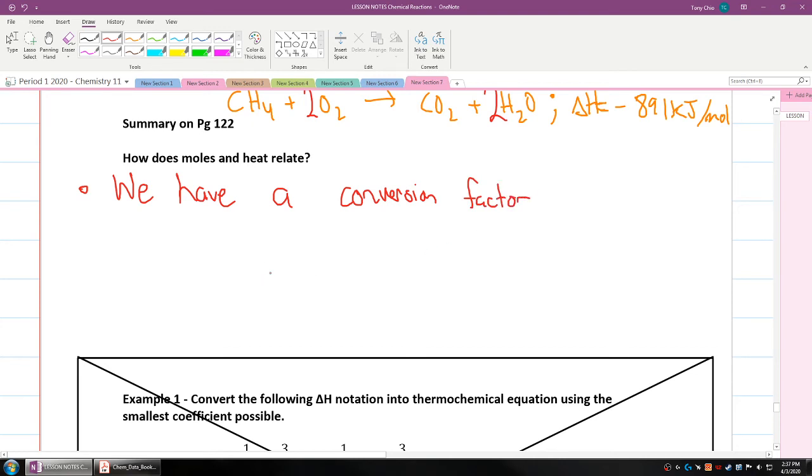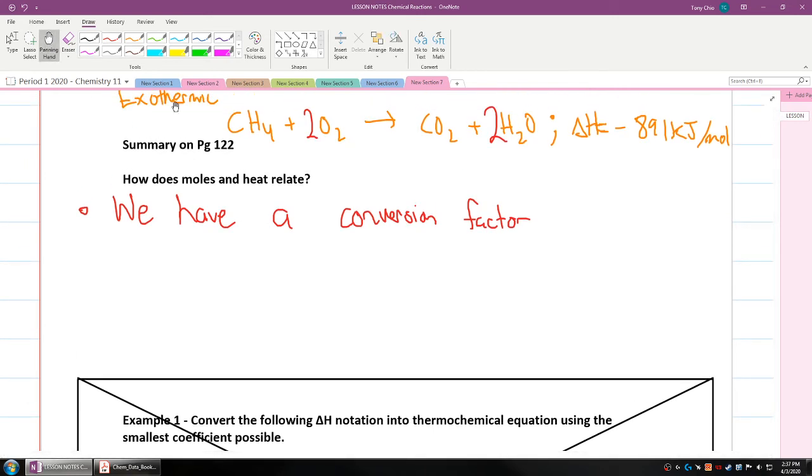Now, this is where it gets a bit tricky. So if you need to pause this video at any time, please do so and rewind and rewatch, okay? If you look at this previous example, the one with methane, how this works is this is per whatever mole you have. So what does that mean? Well, if we know it's negative 891 kilojoules per mole, we need to know how many moles we have. Where do we find that number? Some number x. That x comes from the coefficient we have in front of our balanced equation.